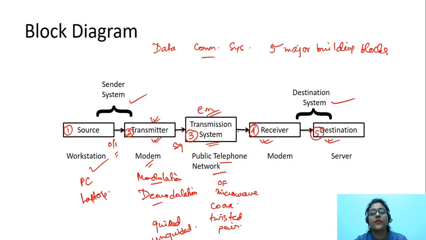Now, at the other end of the transmission medium, we have the receiver, which receives the electromagnetic signal, and with the help of, again, the modem, it converts the signal back to the data format of zeros and ones to be received by the destination computer. The destination can be a server, it can be a PC, it can be a laptop. So this is the block diagram representation of a data communication system.